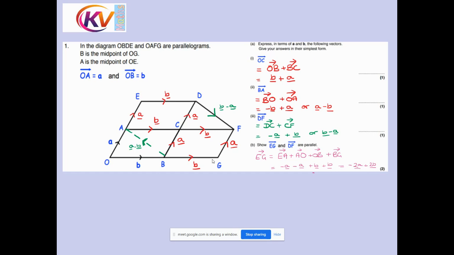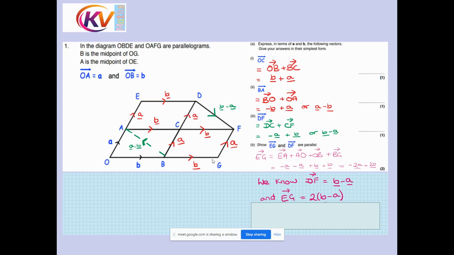We then know that we want to prove it's parallel to DF. If you remember back to the first and second lesson on vector geometry, to prove two vectors are parallel, they have to be exactly the same but a multiple of one another. We know that D to F is B minus A because we worked that out in part 2.